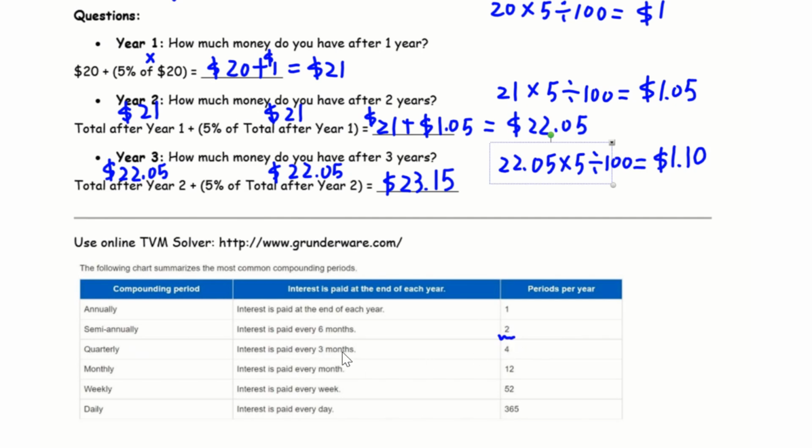Quarterly is every 3 months, so it is paid 4 times per year. If it's paid monthly, the interest will be paid 12 times a year. Weekly, we have 52 weeks, so it is paid 52 times. If interest is paid every day, then it will be paid 365 times. So we are going to use this TVM solver and redo these calculations.